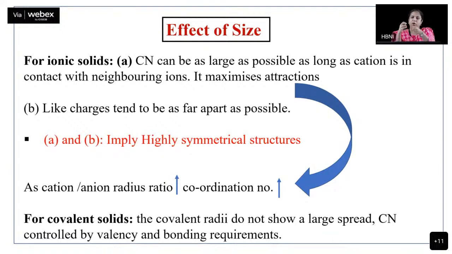Now anions can touch each other, but as the cation starts expanding, the anions will start becoming farther in distance from each other. And at some point it will come to a stage where the cation is so big that it can actually position more anions around it. So we say that beyond a certain limit, its coordination number can go higher.